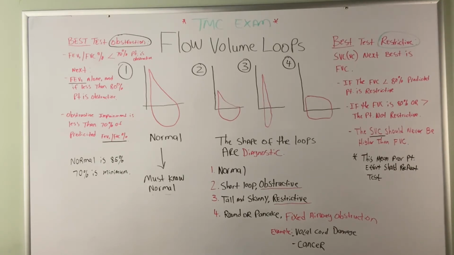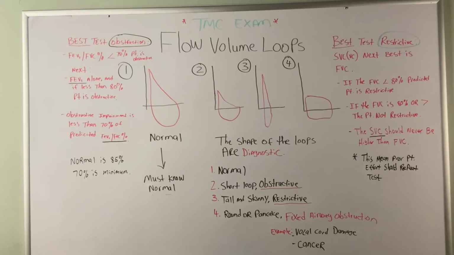It is your best test on the exam to determine whether or not a patient is obstructive. If they don't give you the FEV1/FVC, then the next thing you want to look at is the FEV1 alone. And if it's less than 80% of predicted, your patient is obstructive.